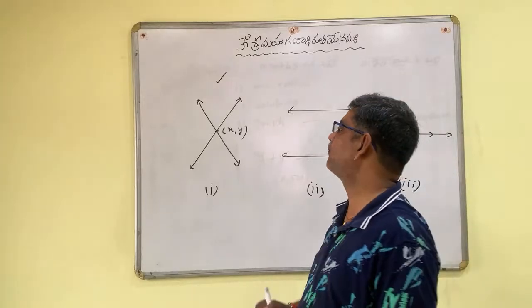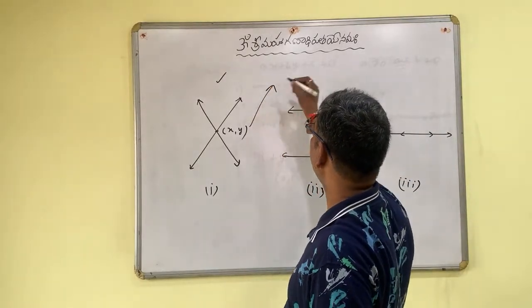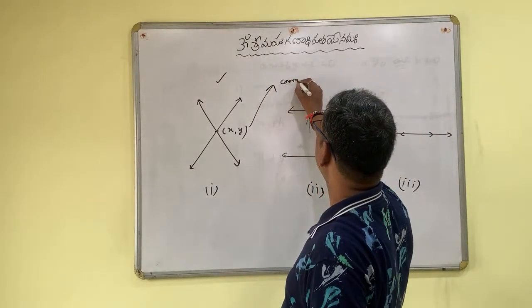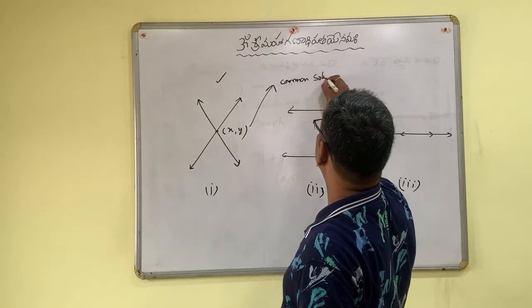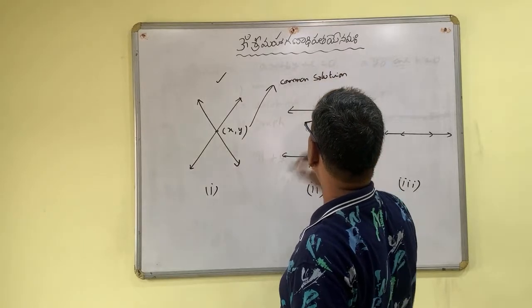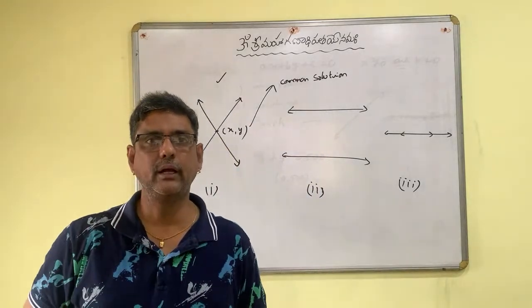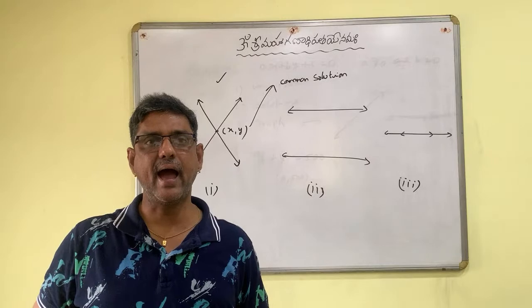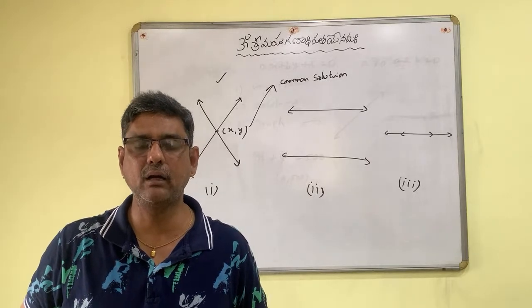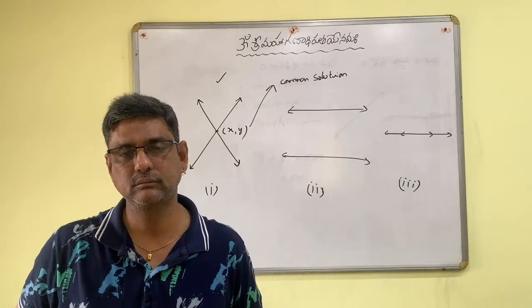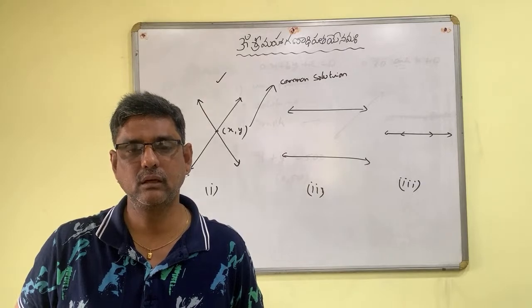And what do we call this point, you know, children? Common solution. We call that intersecting point the common solution. Okay, children?